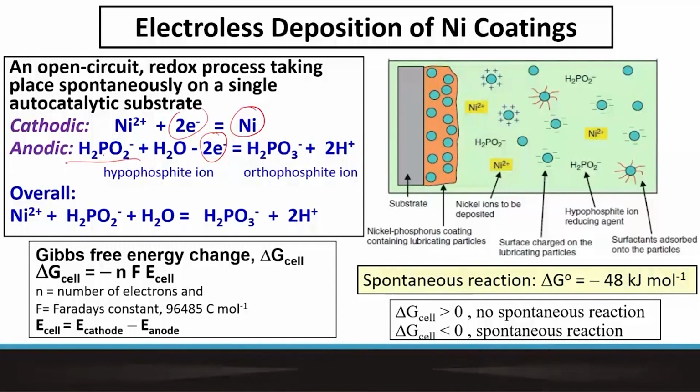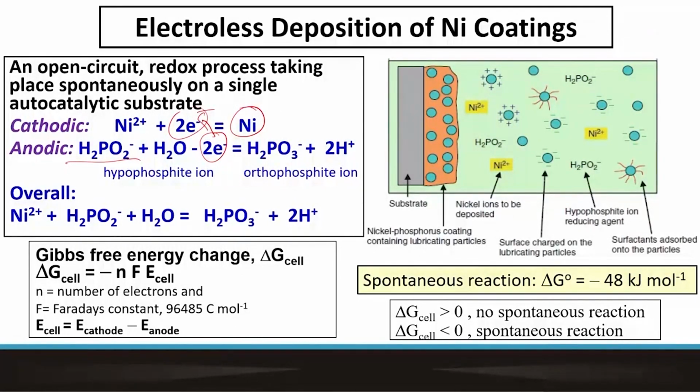So hypophosphite liberates electrons, and these electrons are used.